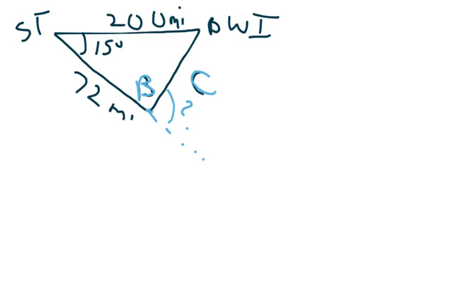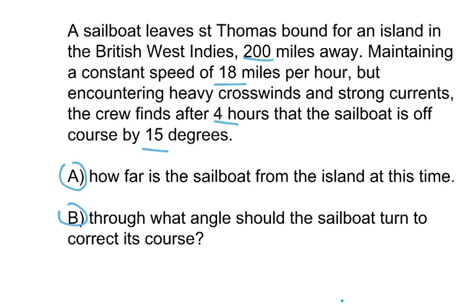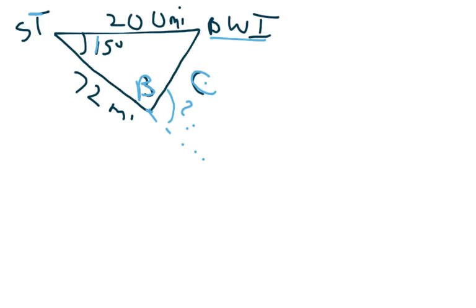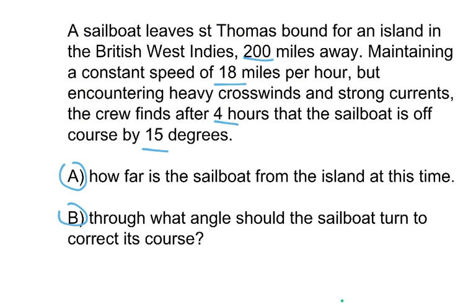I drew the picture. This is St. Thomas, British West Indies. We are looking for this angle and for C. So, and this was 15 degrees. So this was the course. What the course was off by.